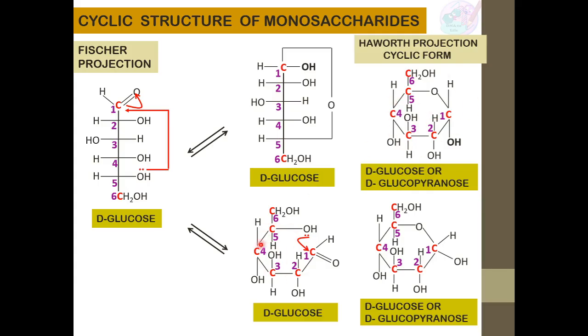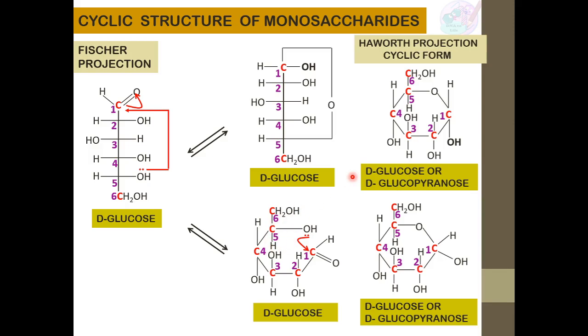You can draw this way as well. You first place the first carbon, the carbonyl carbon, and then move in a clockwise direction. Place the second carbon, third, fourth, fifth, and the sixth will be here. Why will 6 be here? If you are drawing D-glucose, this CH2OH will be upward. If you are drawing L-glucose or an L sugar, it will be downward.